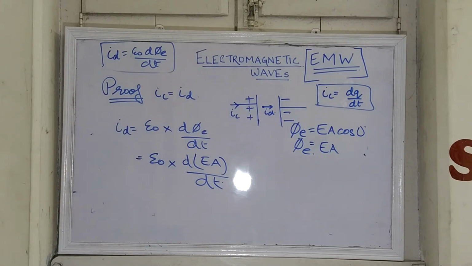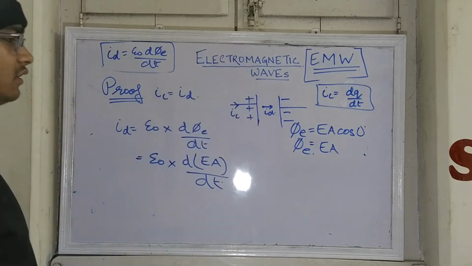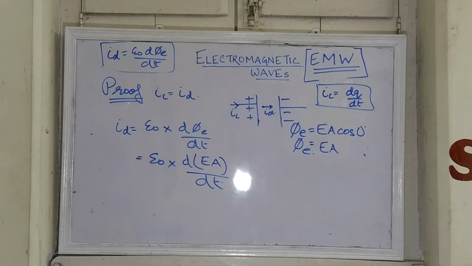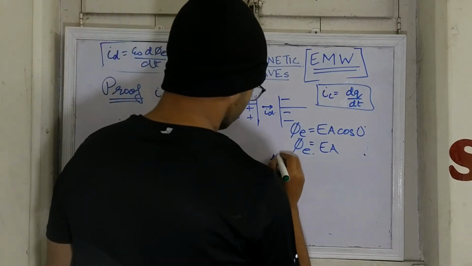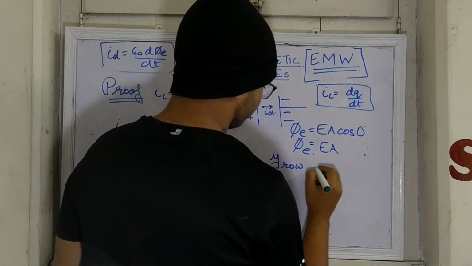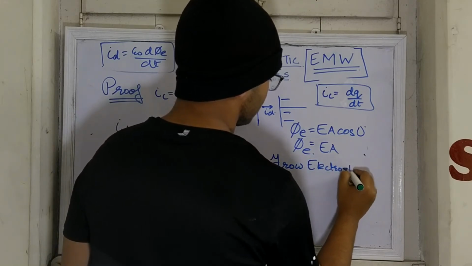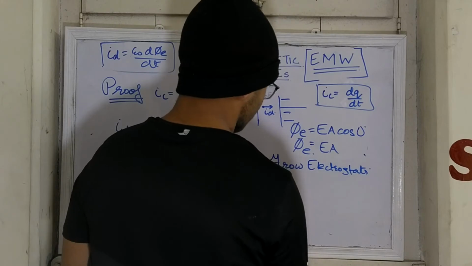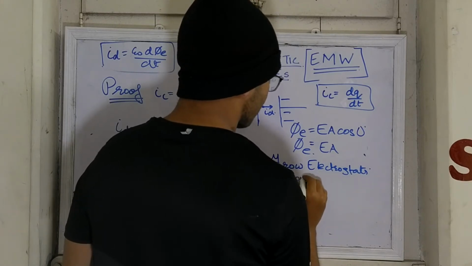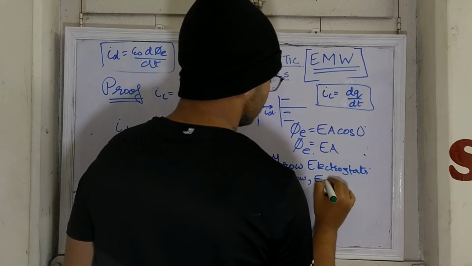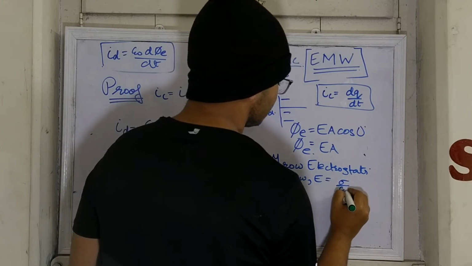Now from electrostatics we know that this E, the value of E, between the conducting plates is E equal to sigma by epsilon 0.